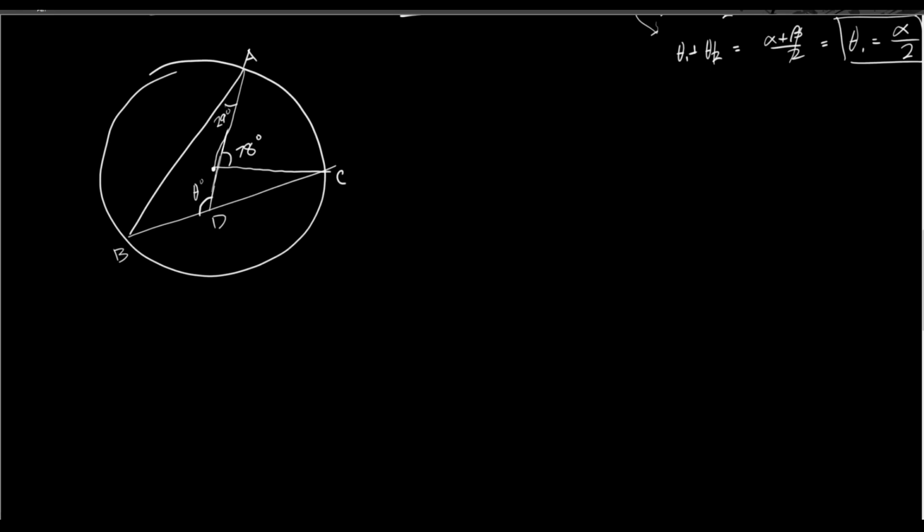Well, first, we could use our inscribed angle theorem. Since we know 78 degrees is the value of this central angle, it must therefore be 2 times the value of any inscribed angle subtending the same arc. If we look here, angle ABC is one of these inscribed angles subtending the same arc as angle AOC, our central angle.